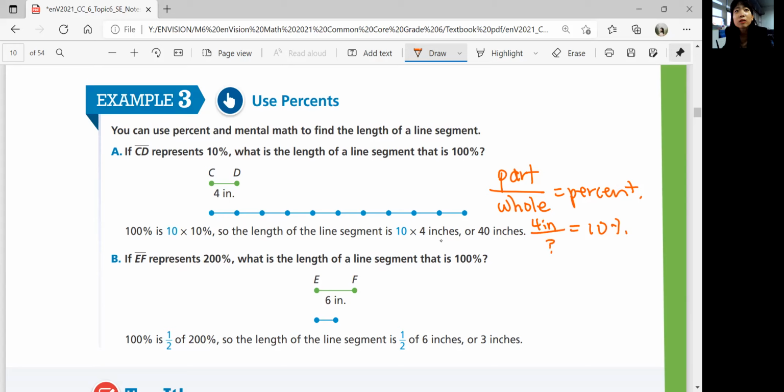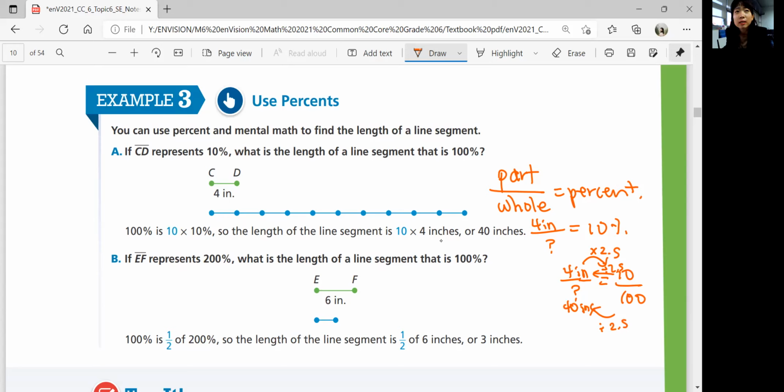In order to get that, you can solve for the equivalent ratio by changing your percent into a ratio. 10% is 10 out of 100. So in order for 4 to be 10, you multiply by 2.5. Or from 10 to 4, you divide by 2.5. So 100 divided by 2.5 is 40 inches.